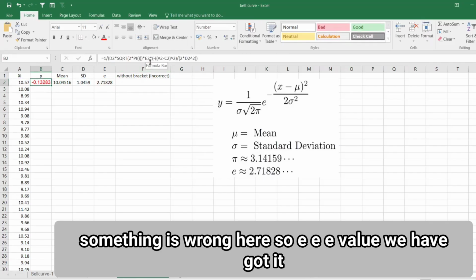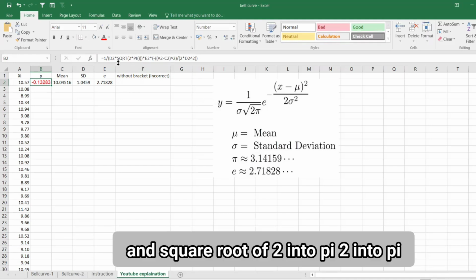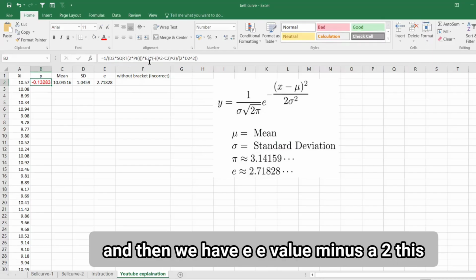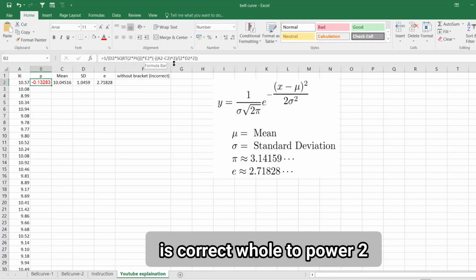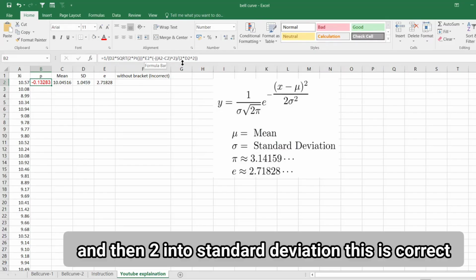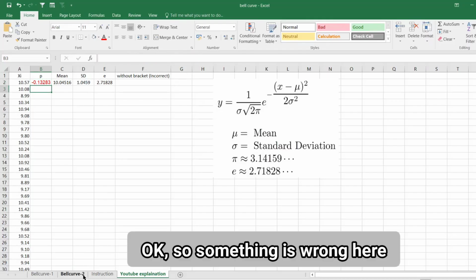So we have the e value, and D2 standard deviation and square root of 2 into pi, and then e value minus A2, this initial value, C2 is the mean value, this is correct, whole to the power 2, and then 2 into standard deviation, this is correct. Okay, so something is wrong here.